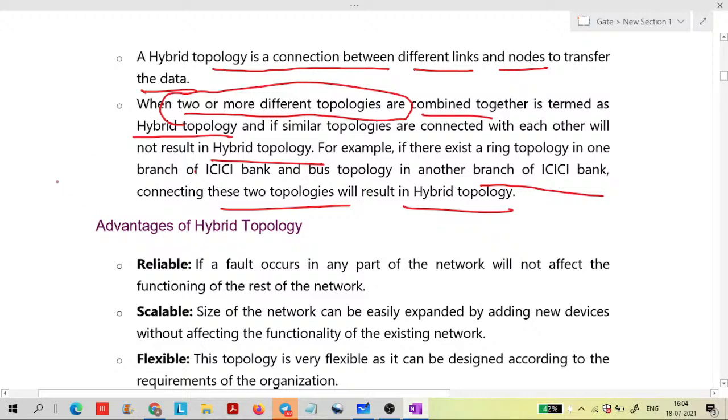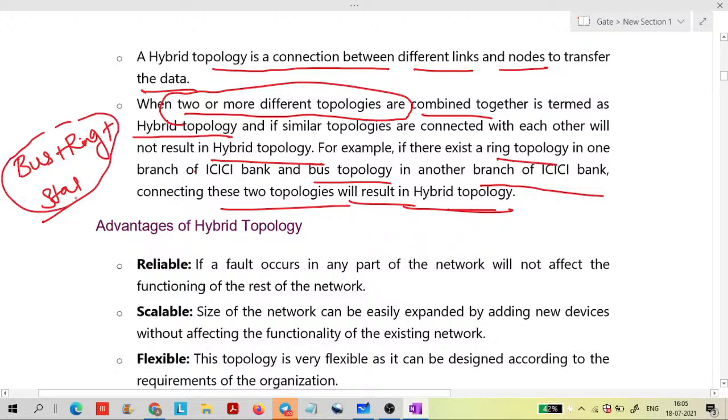So here it should be different types of topology, like a combination of bus topology, ring topology, and star topology. That combination gives a hybrid topology.